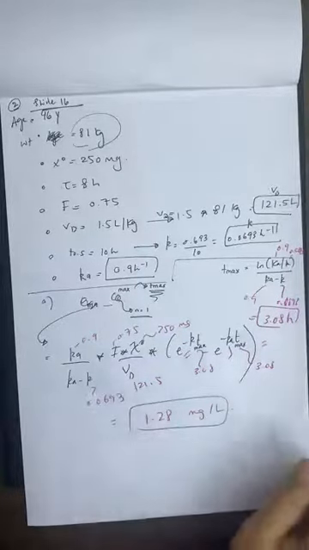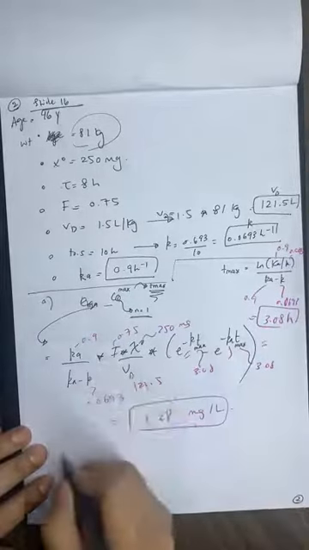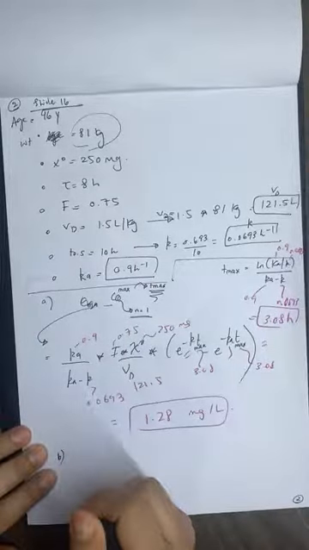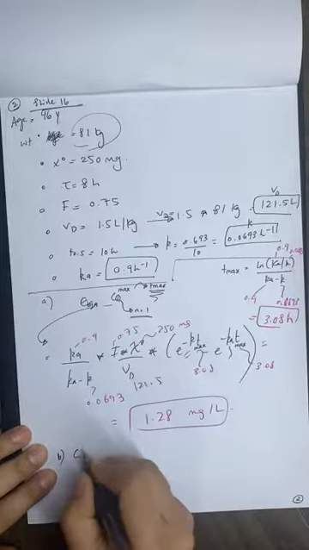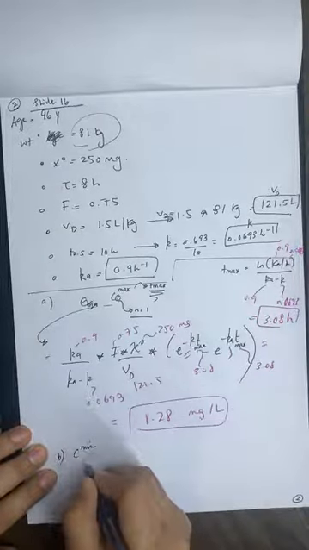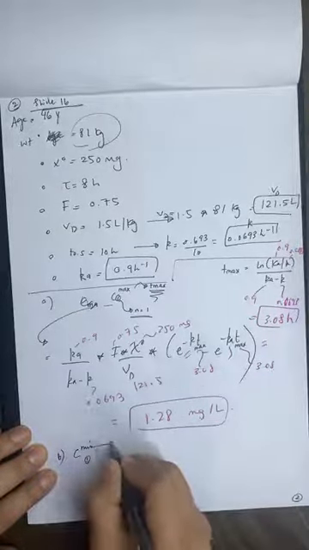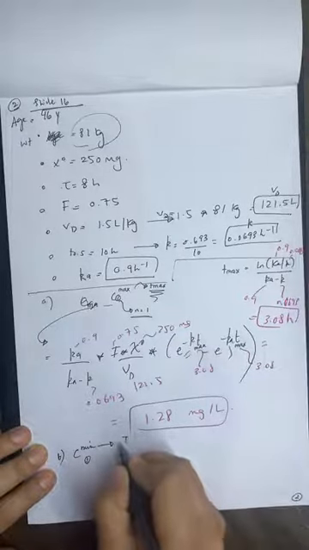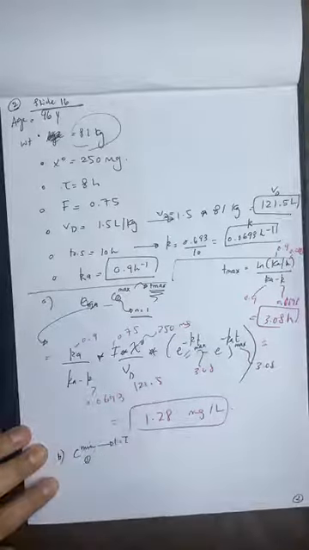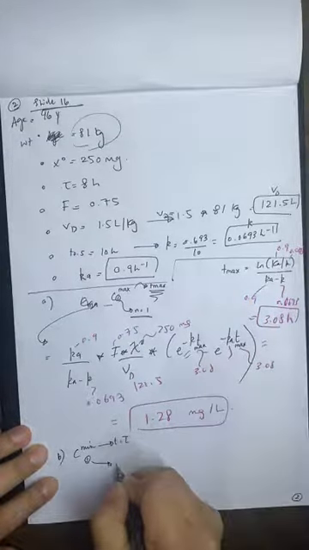Okay. This is for the max. Then the question is asking you about the minimum for the first dose. Minimum will be at time equal tau, and the dose will be N equal 1.